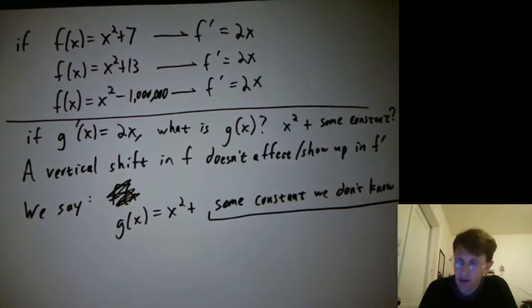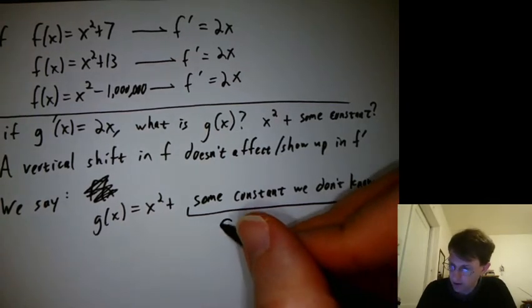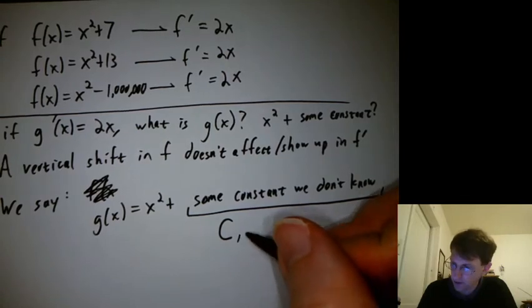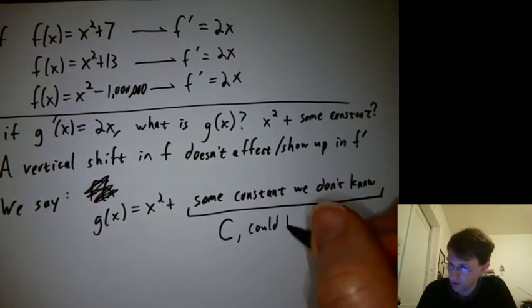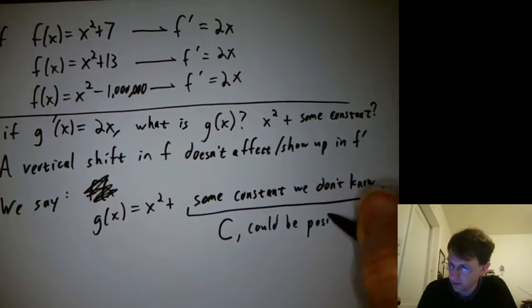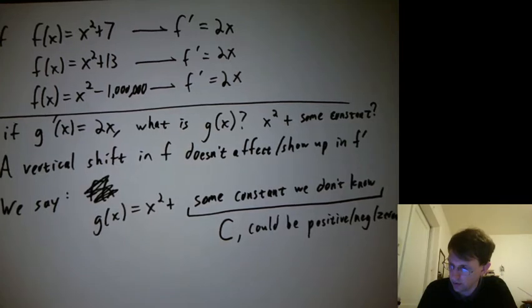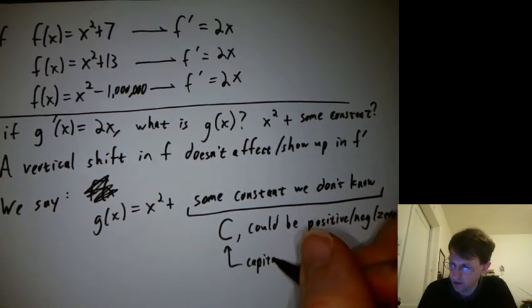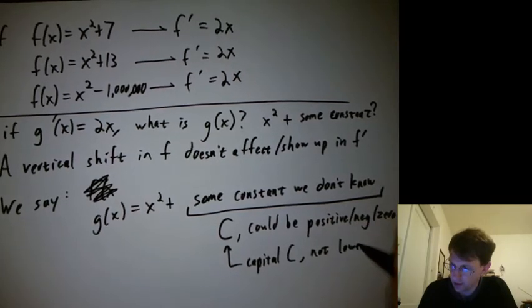And so instead of writing out some constant we don't know each time, we're going to say C, and that's a capital C. And this could be positive, could be negative, could be 0. I want to highlight that this is a capital C, the uppercase C, not a lowercase c.